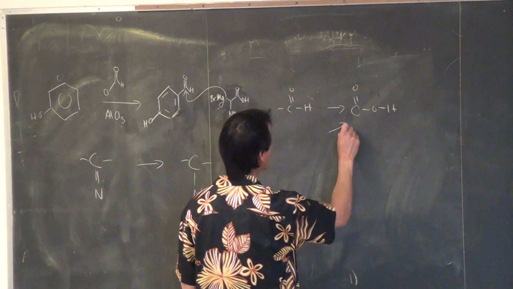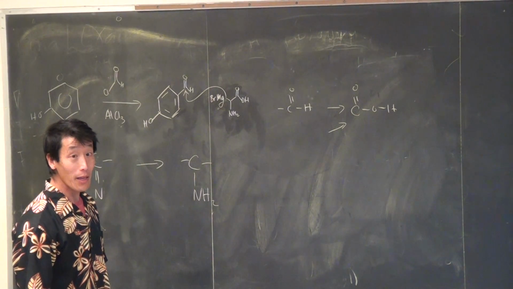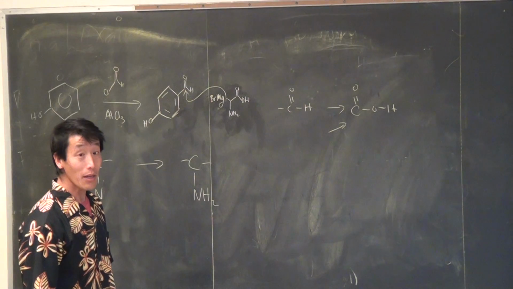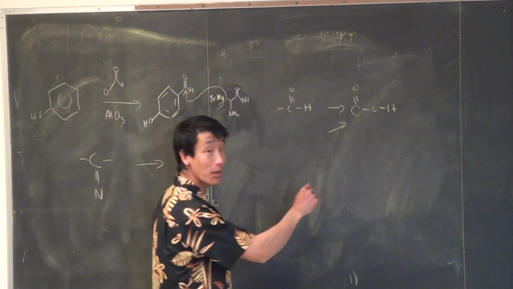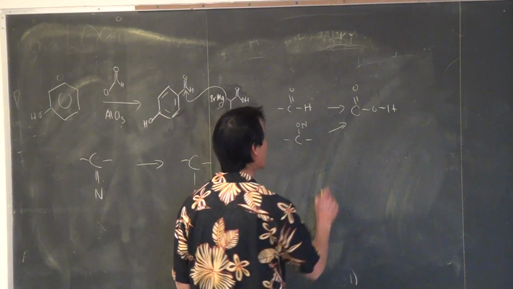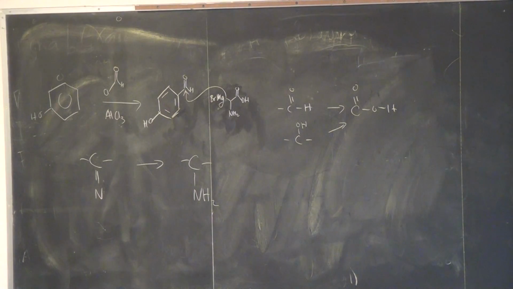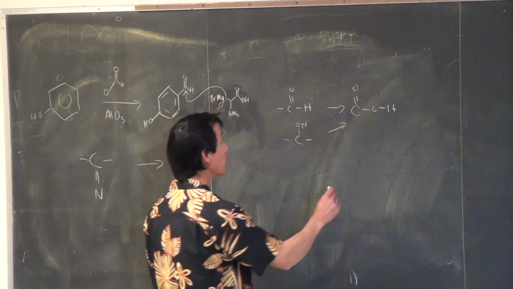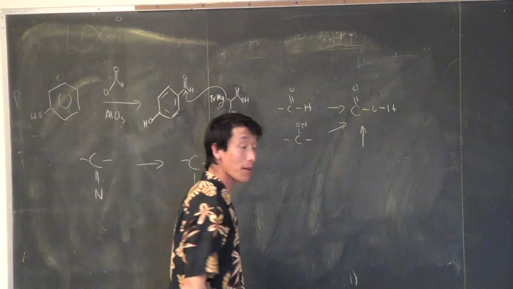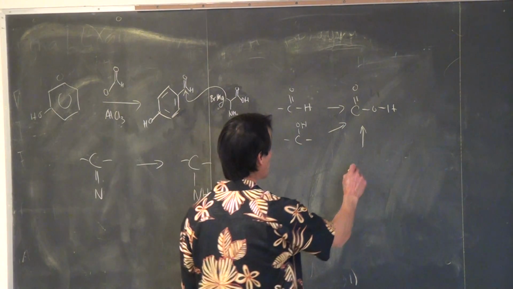Or another way to do it is to use an alcohol, okay? Yeah, we can use an alcohol. And the conditions we need in that case, chromic acid. What's another way to make an acid? Alkyne. Yeah, so we can take an alkyne and do ozonolysis.